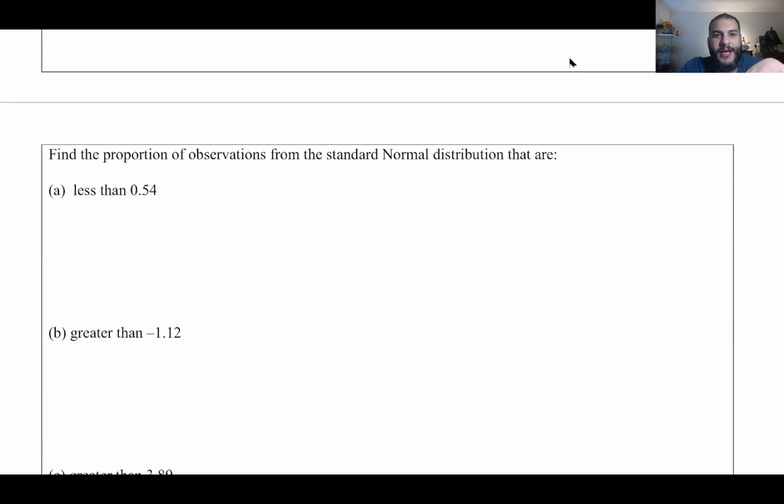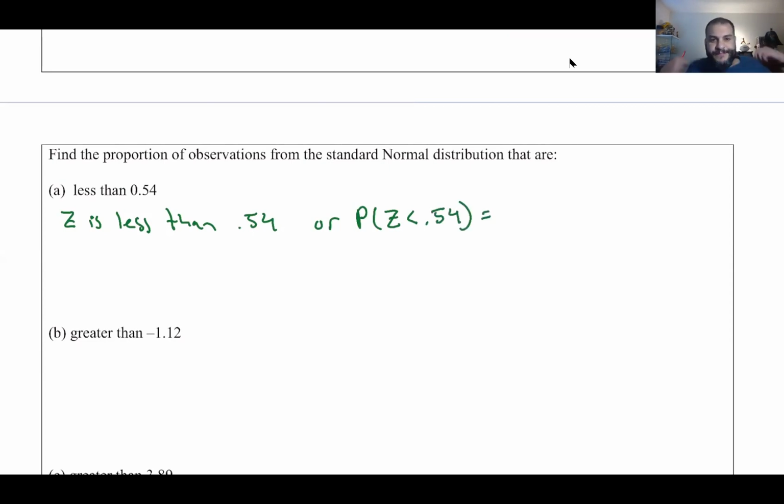One way I could write it, I could tell you this is a standard normal distribution, so when I say less than 0.54, I'm telling you that z is less than 0.54. Or the other way I could put this is the probability of z is less than 0.54, and then you're going to have to find that probability.